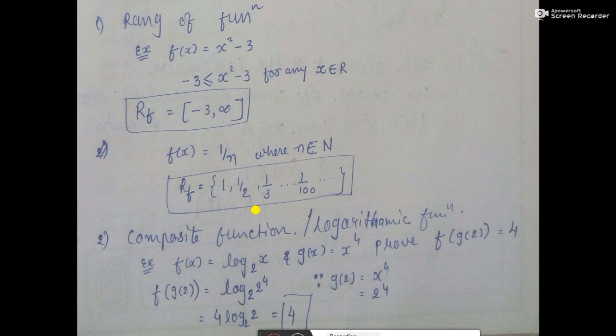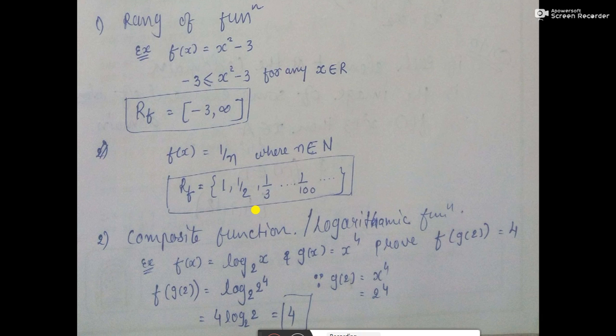Here the g function will be replaced by the value 2. So x will be replaced by 2. Now in f of x, the value of x will be replaced by 2 raised to power 4. So here it is written as 2 log base 2 of 2 to the power 4.